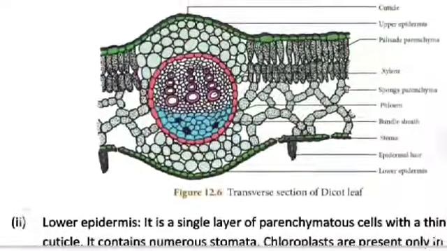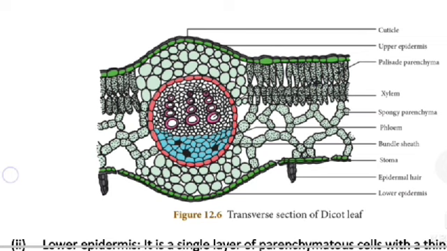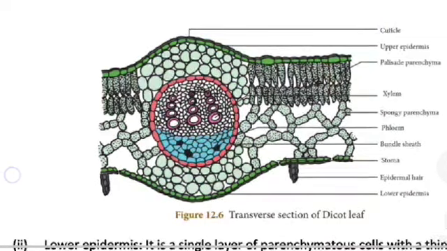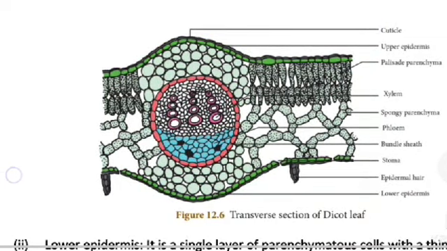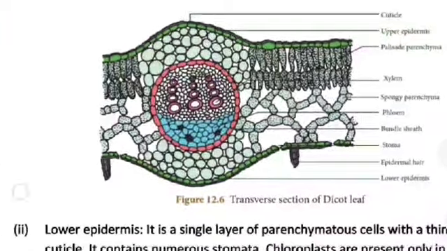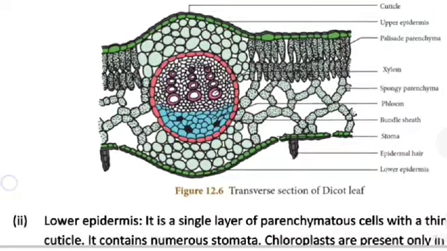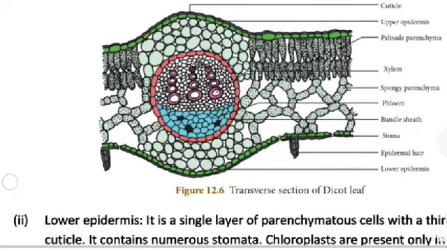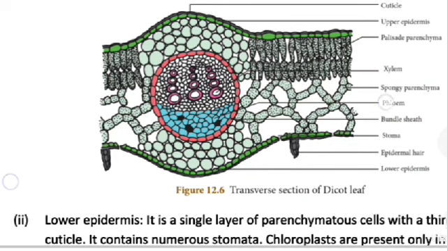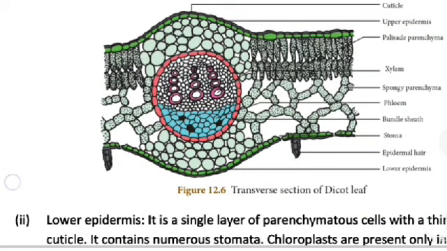See the picture of the dicot leaf. The upper cuticle is present, followed by the upper epidermis, followed by the photosynthesis region called palisade parenchyma. The middle region contains the vascular bundle, with xylem on the upper side and phloem on the lower side. Below the palisade parenchyma is the spongy parenchyma, followed by the lower epidermis.